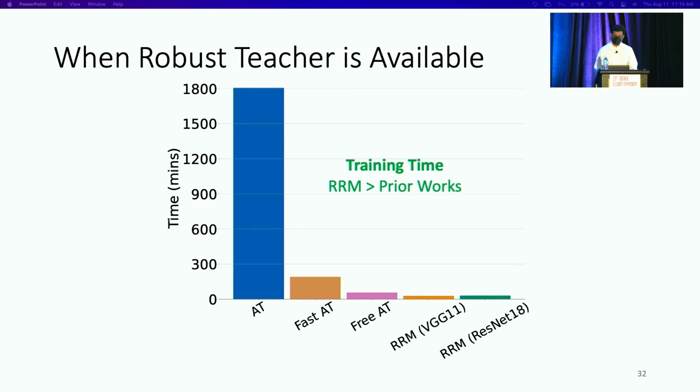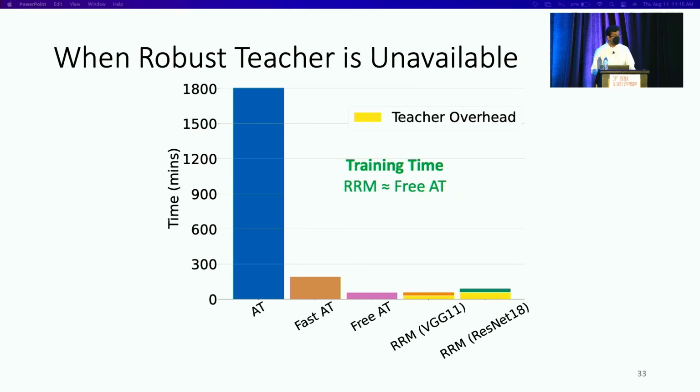So far, while comparing training times, we have assumed the availability of an adversarially trained teacher. When this is the case, RRM is outright the fastest way of training a new robust classifier. However, when a robust teacher is unavailable, RRM would require you to train one first. Now, let's consider the worst case scenario where a teacher needs to be adversarially trained every time a new generation architecture is introduced.